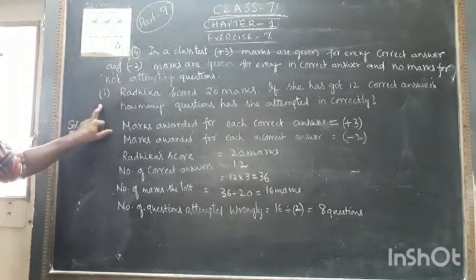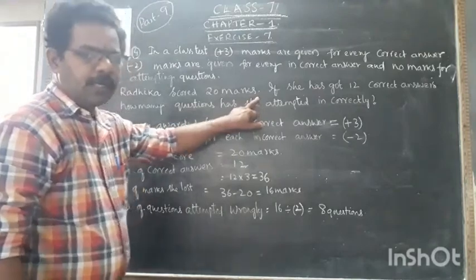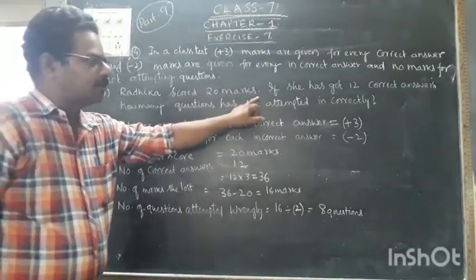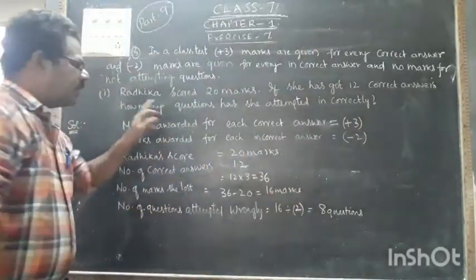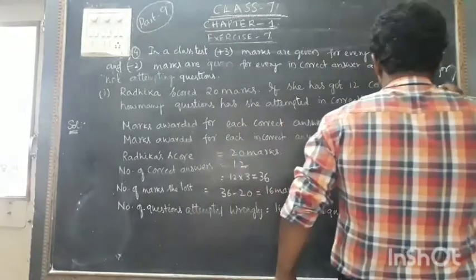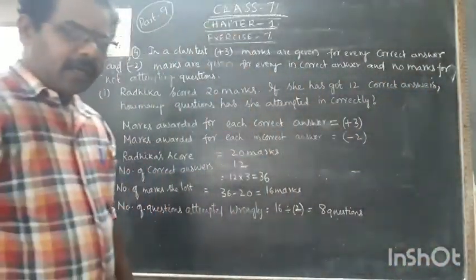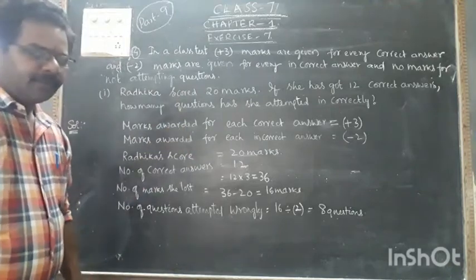Here, the first bit they have given: Radhika scored 20 marks. If she has got 12 correct answers, how many questions had she attempted incorrectly? Radhika, a girl, scored 20 marks in a class test.